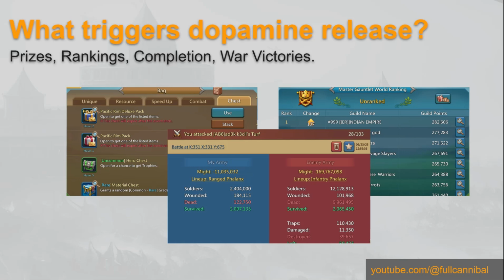Every time you engage in a battle in Lords Mobile, and your army is walking to that castle, and the army hits that other castle, at that very moment, you're thinking to yourself, "Am I going to burn it?" And then you see the flames come up, and immediately, boom, dopamine hit. This is what war games in particular do, is they get you going on that kind of war activity.